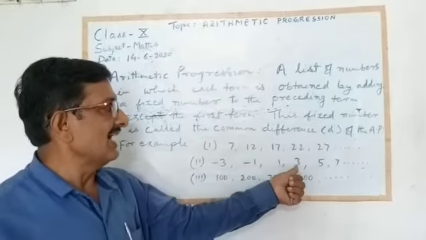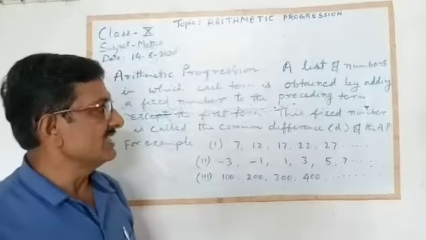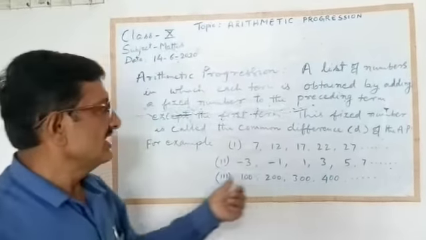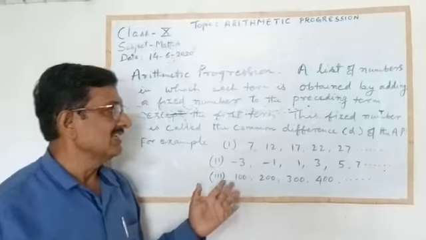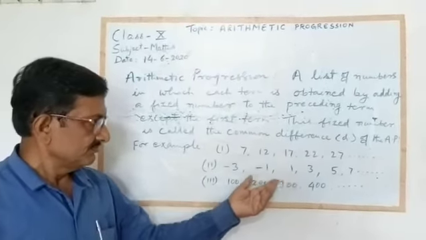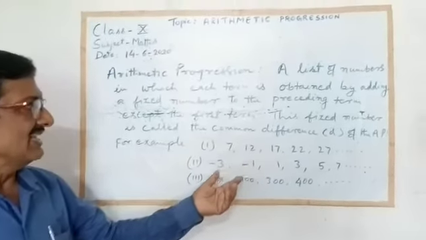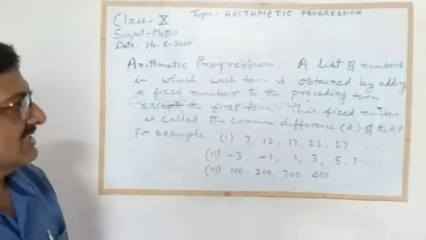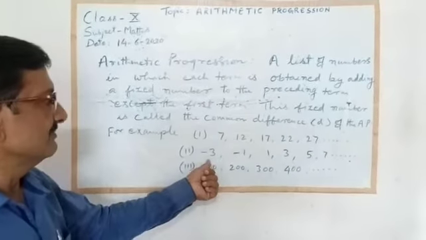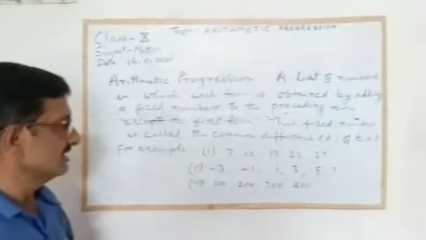When 2 is added to 3, we get 5. When 2 is added to 5, we get 7. In this way, we get numbers by adding a fixed number to the preceding number except the first term. So it is an example of arithmetic progression.